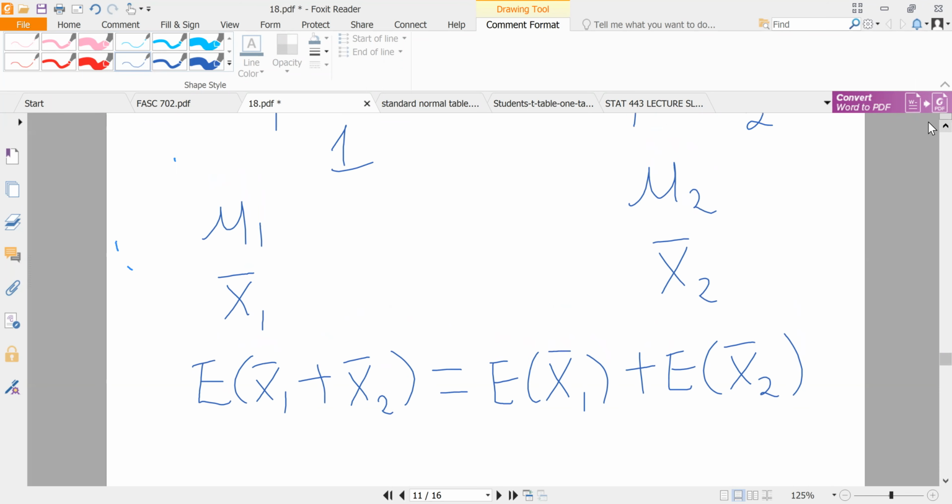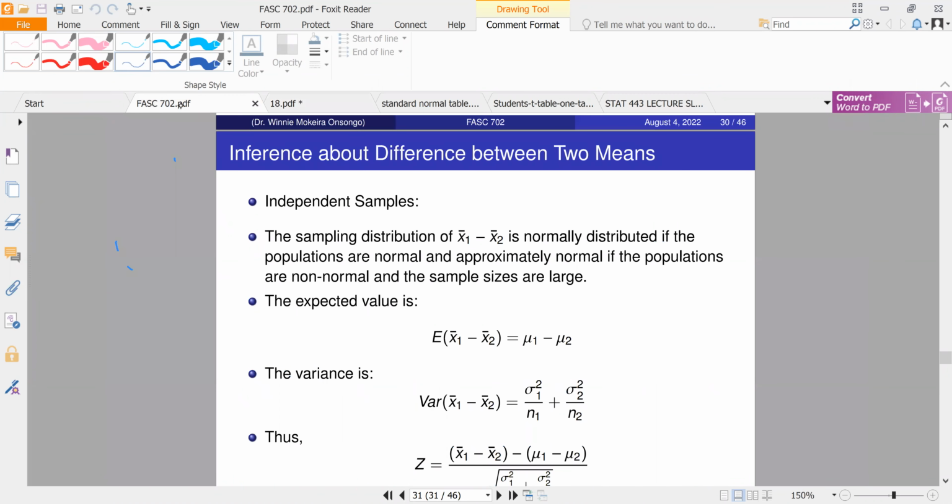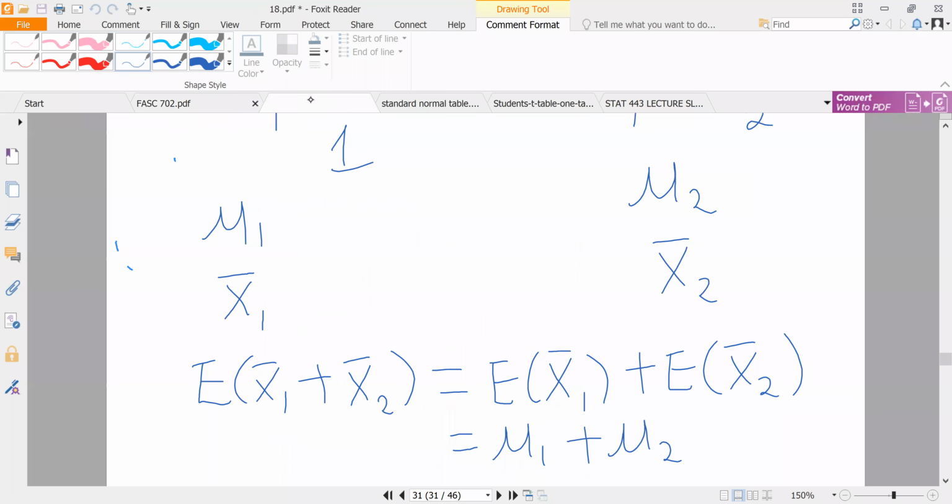And remember, we saw that the expectation of X bar 1 is mu1, and the expectation of X bar 2 is mu2. So for independent populations, the expectation of X bar 1 plus X bar 2 is equal to mu1 plus mu2. In this particular case, it is an addition because we are trying to sum the two.